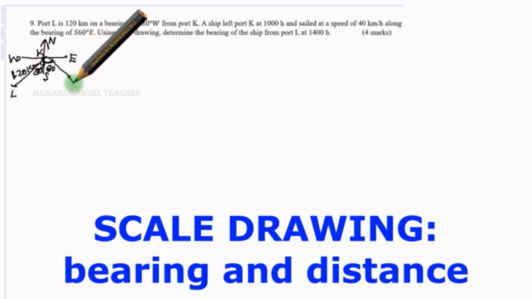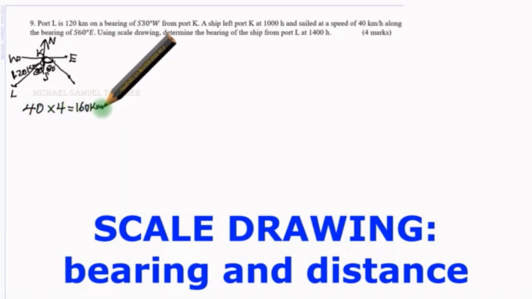Then all the way to a certain point at 14:00 hours. So from 10 to 14:00 hours, those are 4 hours. So the distance the ship traveled will be 40 times 4 hours, which is 160 kilometers.